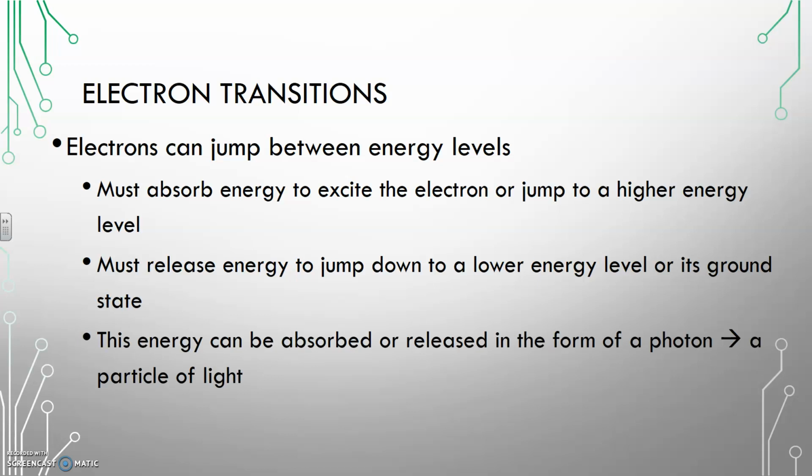The energy that is either absorbed or released can be absorbed or released in the form of a photon, a particle of light. Now, if it's absorbed, that photon has a very specific energy. Not every electron will be able to absorb every photon.